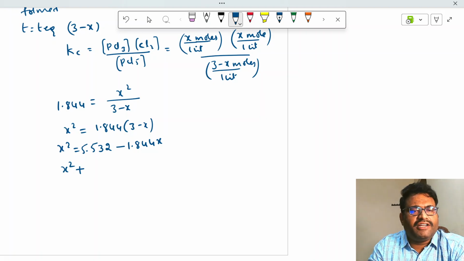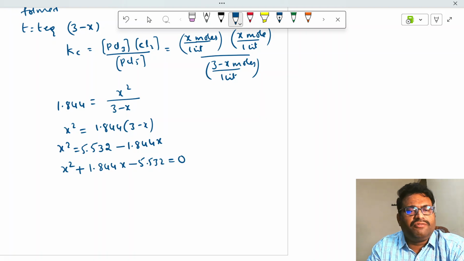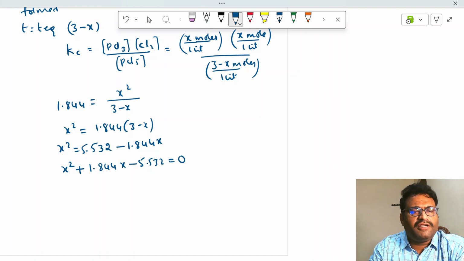Now I can write this as X square plus 1.844x minus 5.532 is equal to 0. Now it is in the form of a quadratic equation, ax square plus bx plus c is equal to 0.